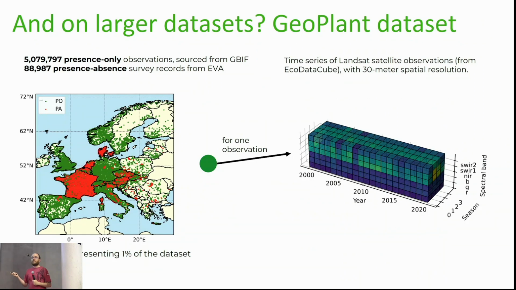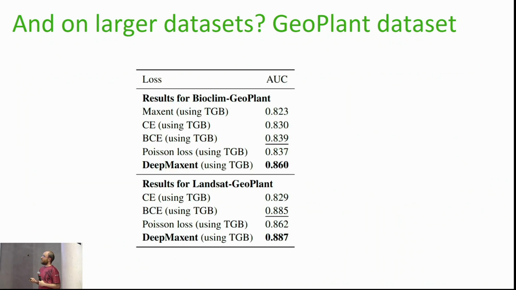And because it's a deep learning approach, we can also apply this to data sets where you wouldn't apply Maxent. Like in this case, we applied it to GeoPlant, where among other data sources, we have time series coming from Landsat. We ran it with bioclimatic variables, and we ran it with the Landsat time series.